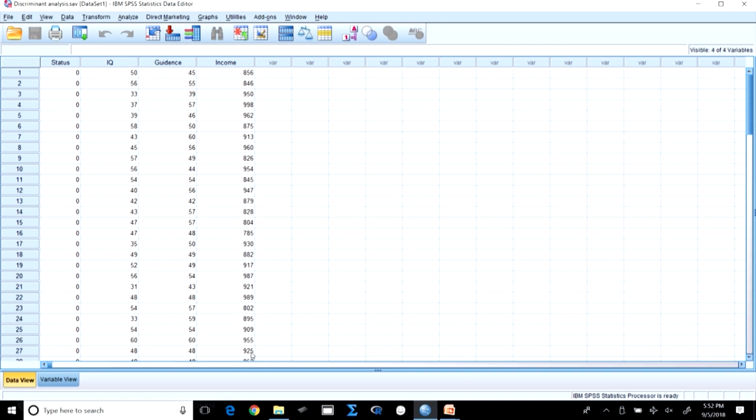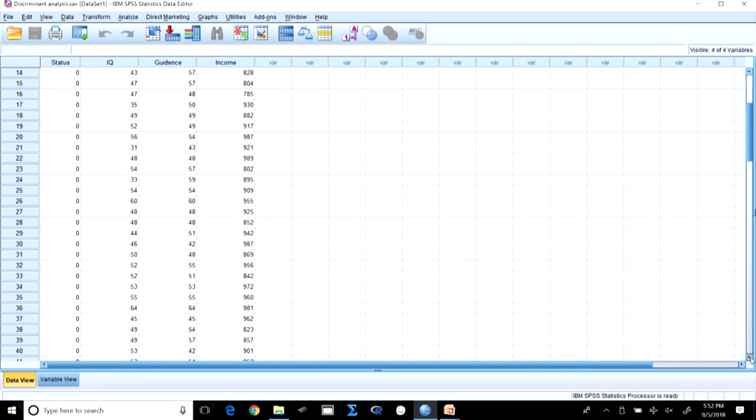Now, we want to see whether IQ, guidance and income predict the status of a person, whether he will be successful or not successful, right. So, we are interested in 3 independent variables and 1 dependent variable, which you can see, right.